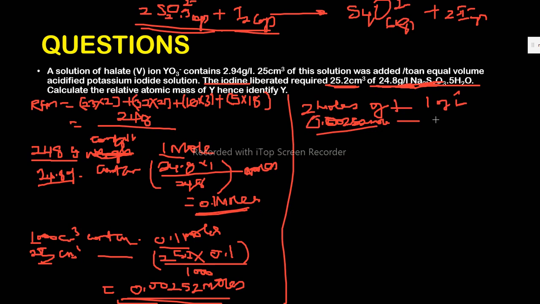So let me write, since you want me to write, 0.00252 times 1 out of 2. So what's the answer? 0.00126 moles.